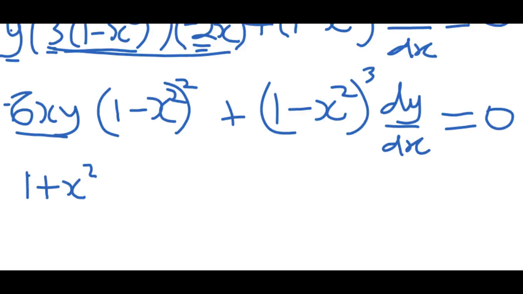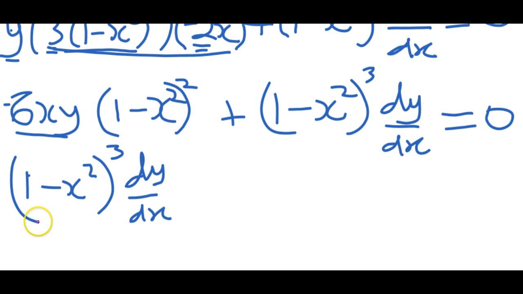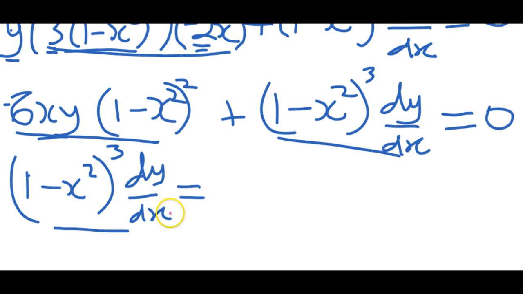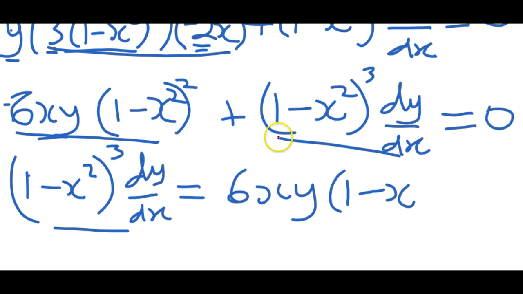So that means this should be minus to the power 3 dy dx is equal to, that means I'm keeping this here, that's what I have here. Then I'm moving this one to the other side of the equation, which will be positive 6xy times 1 minus x squared to the power 2.